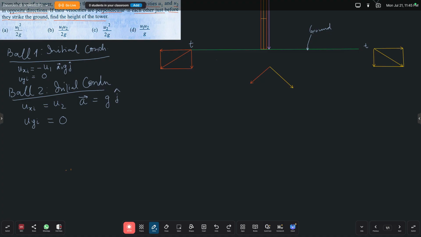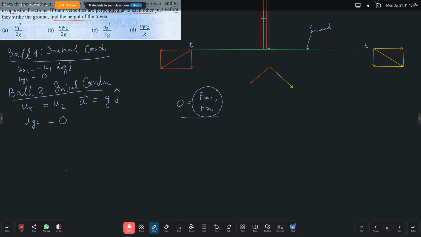There is no force acting in the x direction for both ball 1 and ball 2. So this is 0, which means the velocity in the x direction will not change.